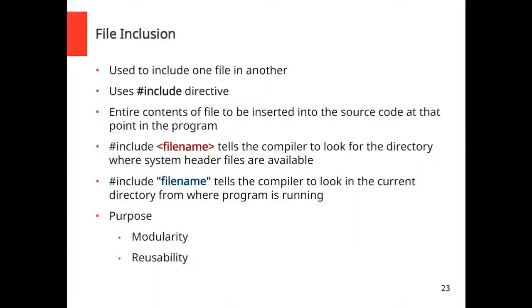There are two ways to write the hash include statement. You will see a small difference. This is hash include with the file name inside angular brackets, and hash include with the file name inside double quotes. If we write the file name inside the angular brackets, it tells the compiler to look in the directory where system header files are maintained.